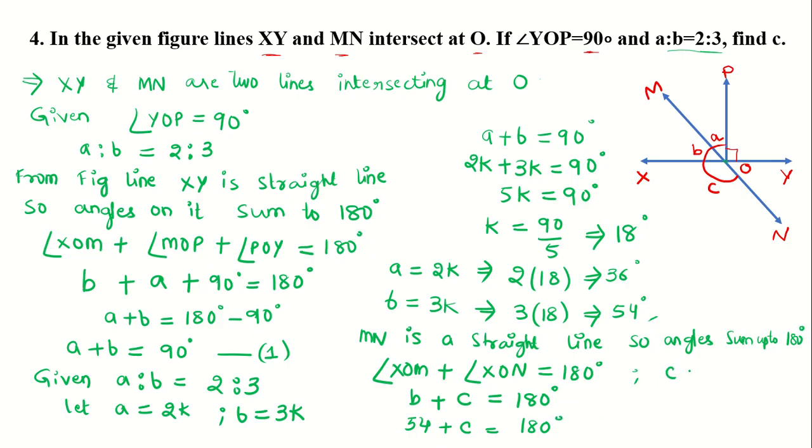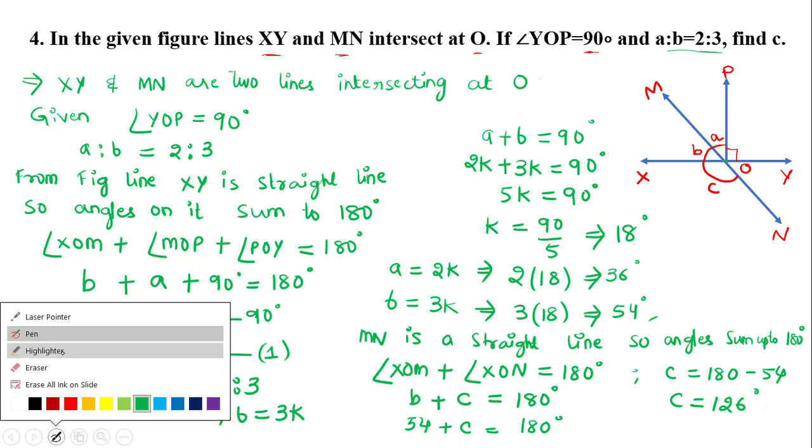Now, C equals 180. Take this 54 to your right side. It will be minus 54. Now, C equals 180 minus 54. How much will 180 minus 54 be? It will be 126 degrees, right?